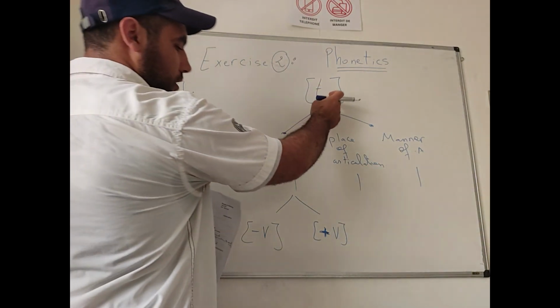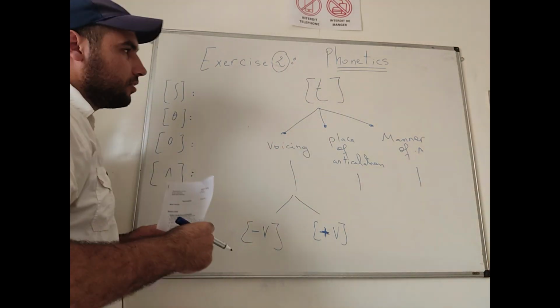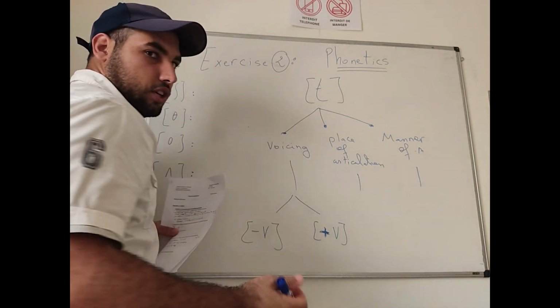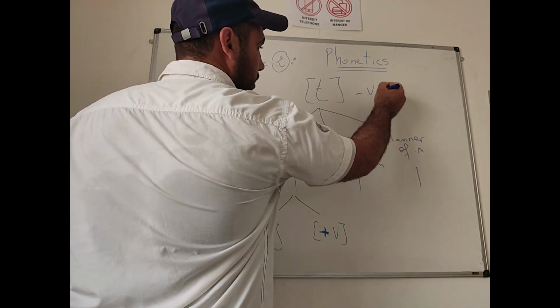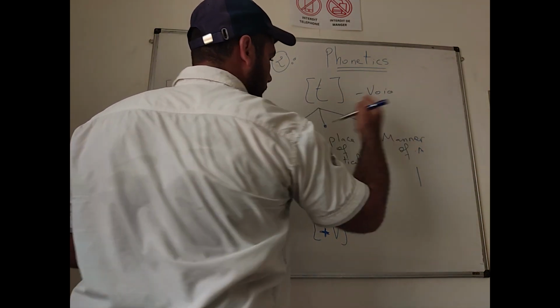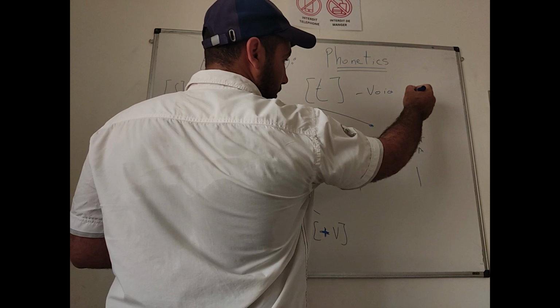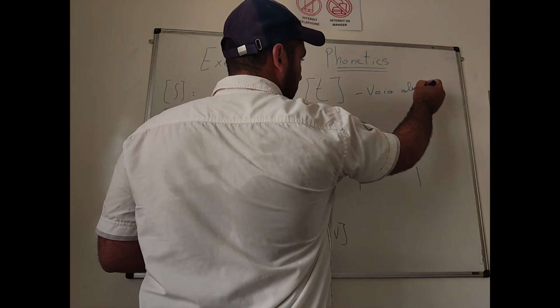So here, for example, we are given the ch sound. It's minus voice because there is no vibration of the vocal cords. Place of articulation, it's alveolar.